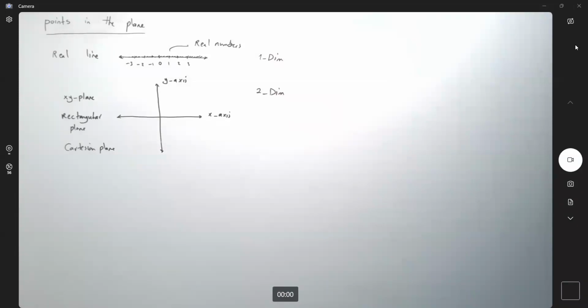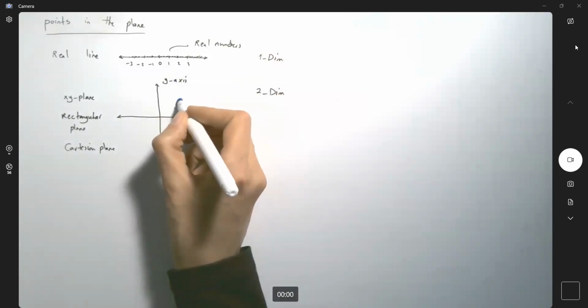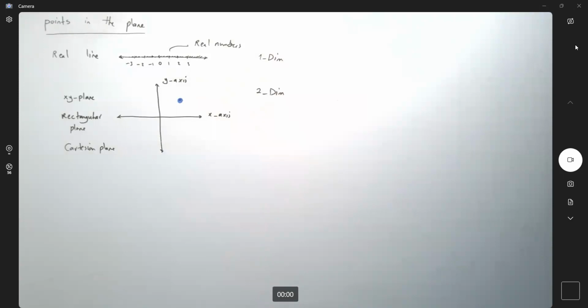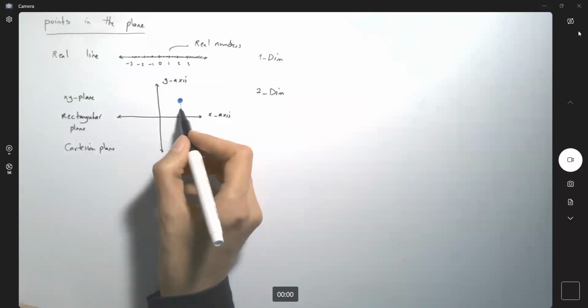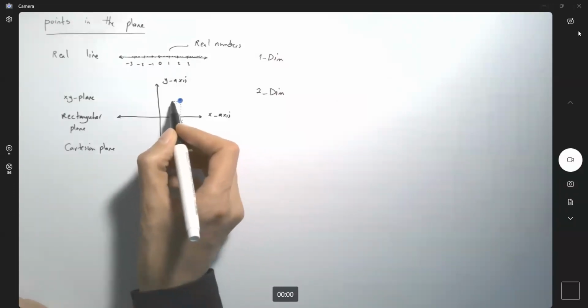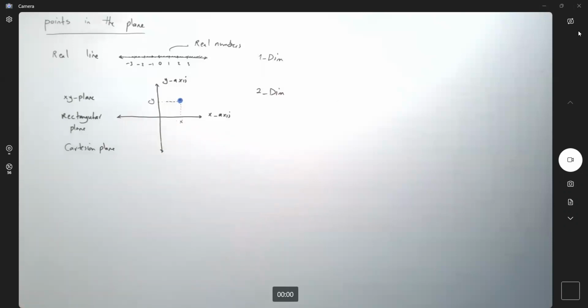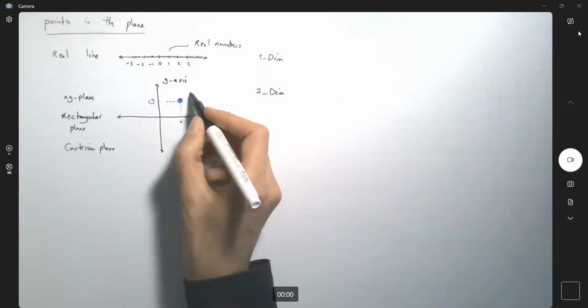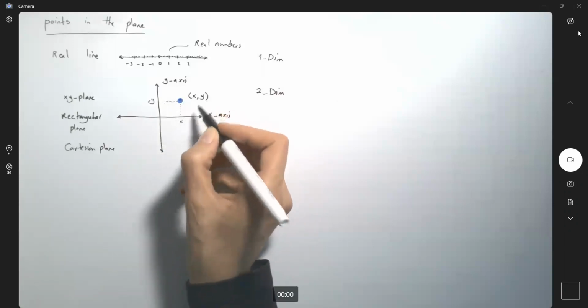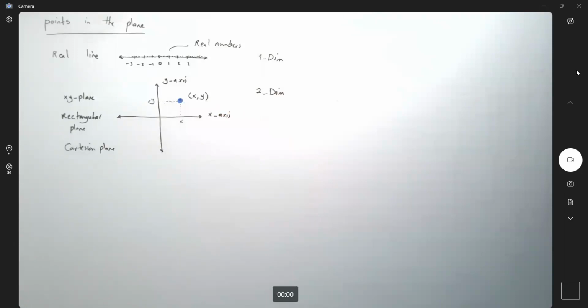It helps us to locate different points. So we can identify different points in this plane. Every point has an X value and also a Y value. We represent this by the X coordinate and also the Y coordinate.